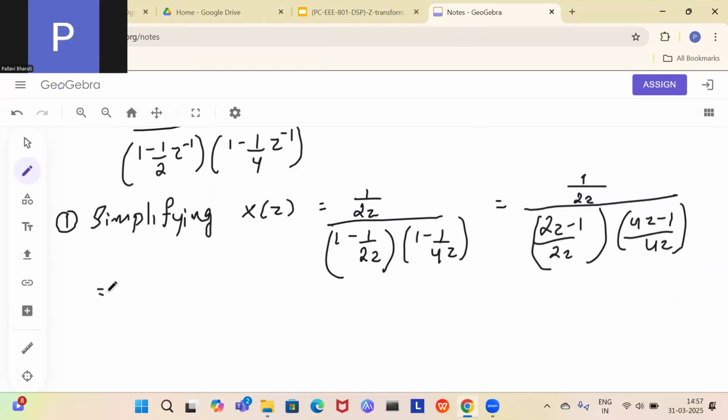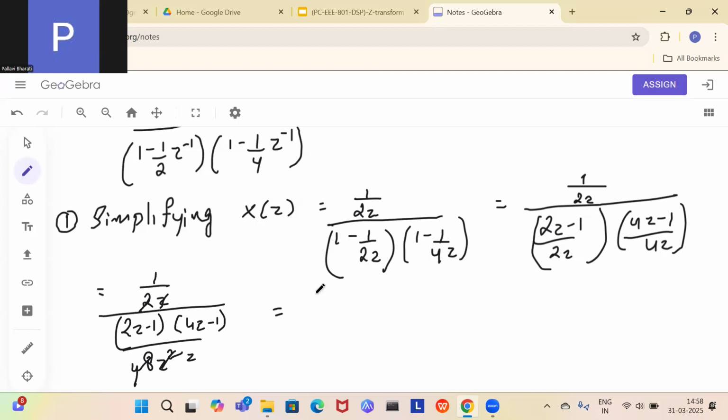So this is 1 by 2z divided by 2z minus 1 into 4z minus 1 divided by 8z square. This 4 will cancel and this will be z, so this is 4z divided by 2z minus 1 into 4z minus 1.